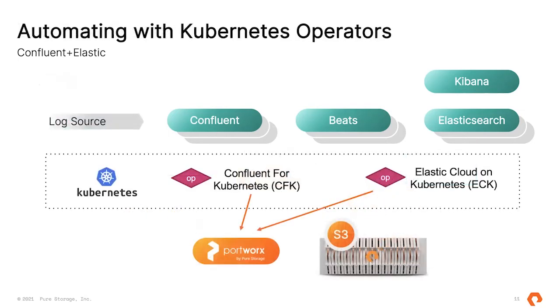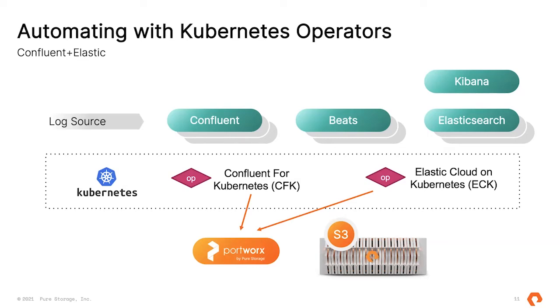So first is automating these environments with the Kubernetes operators from Confluent and Elastic. Confluent has Confluent for Kubernetes, which they've recently released a new version of their operator, which is a significant improvement and streamlined in how you use this operator to deploy various Confluent components.